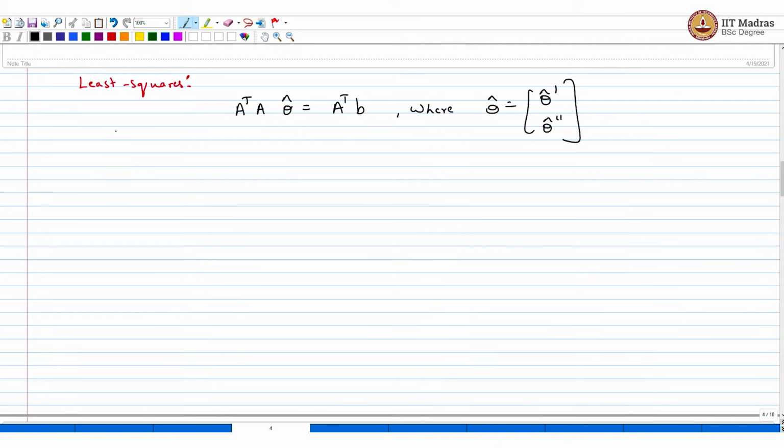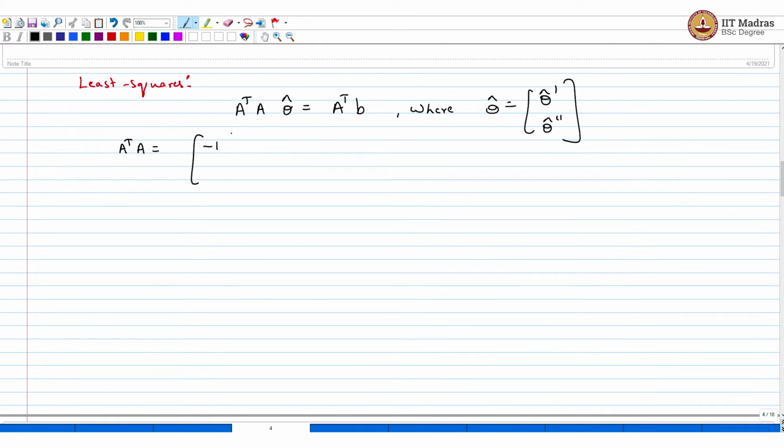I would encourage you to just pause the video now and work out all of the details of this exercise. You are given the recipe, just please work out all the details on your own. Find theta hat prime, theta hat double prime after finding A transpose A and looking at this system of equations. I am just going to give out the solution, but I strongly encourage you to pause and do this.